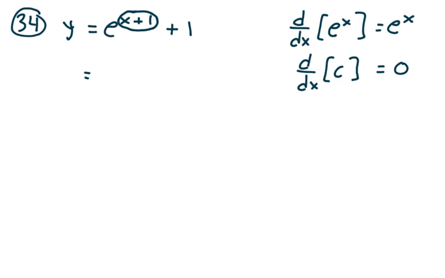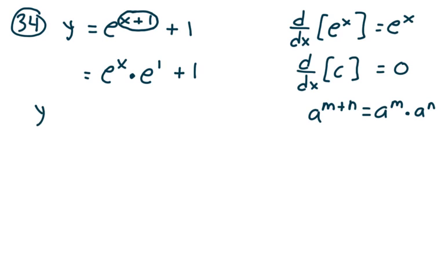And one more thing I want to recall is that a to the m plus n is a to the m times a to the n. And that's going to allow us to rewrite this as e to the x times e to the first plus 1. So when I want the derivative, and I'll call it y prime, e is constant, right?